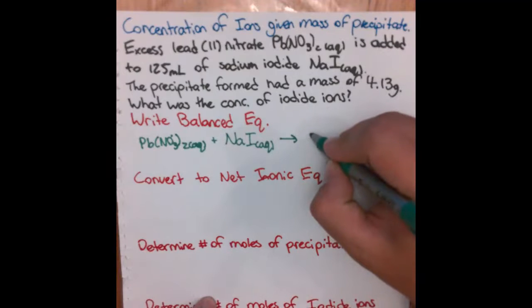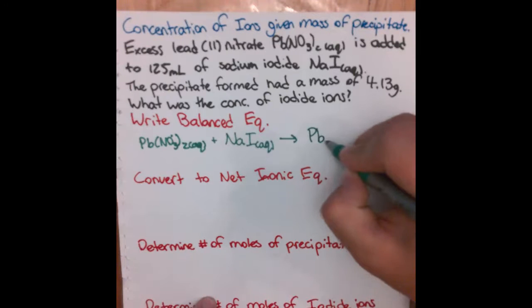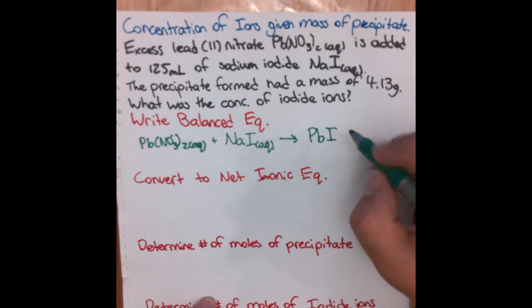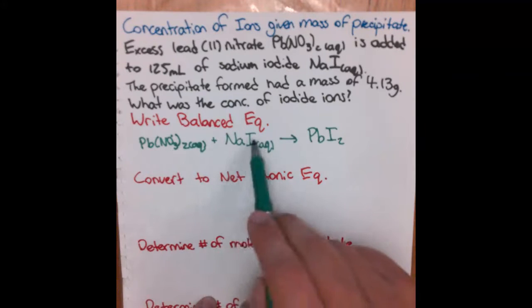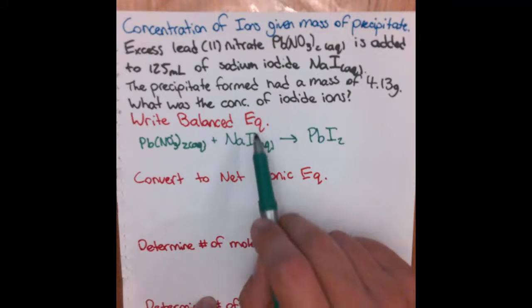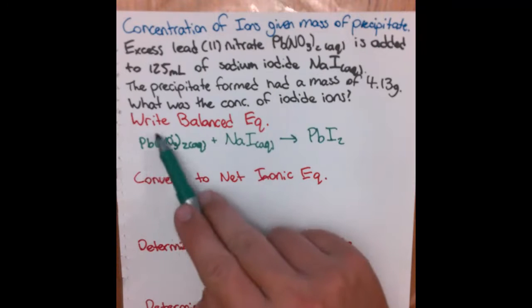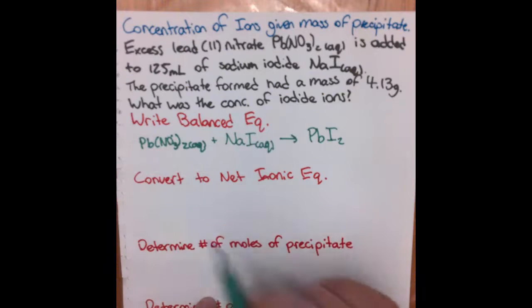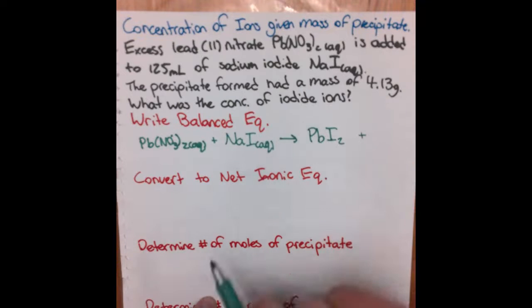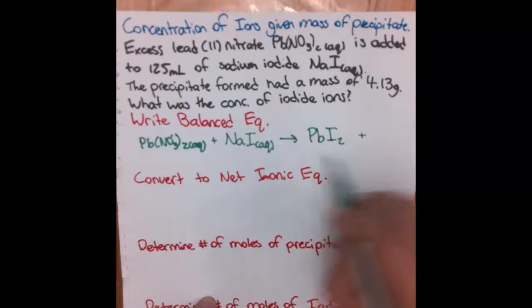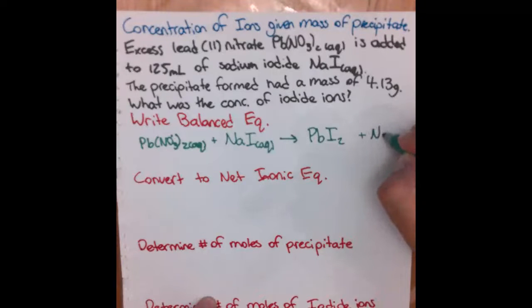So we are going to have PbI2, because this I is going to have a charge of 1 minus. However, our Pb is going to be lead-2, so it is going to have a charge of 2 plus. And that is going to be produced along with sodium nitrate, NaNO3.